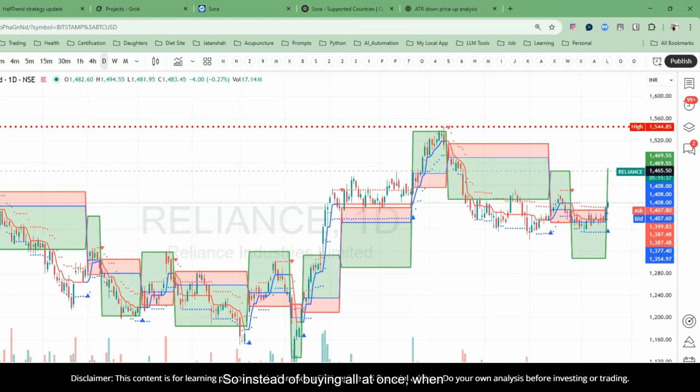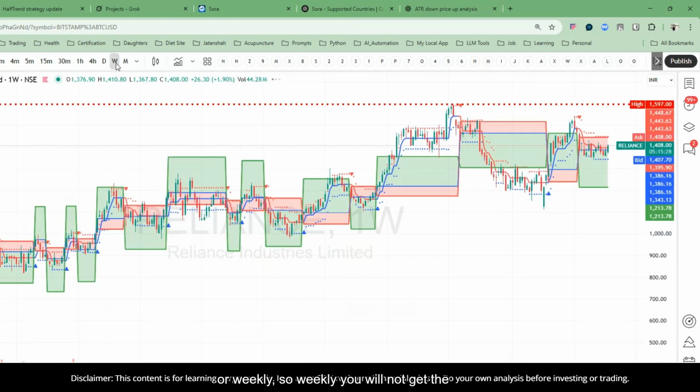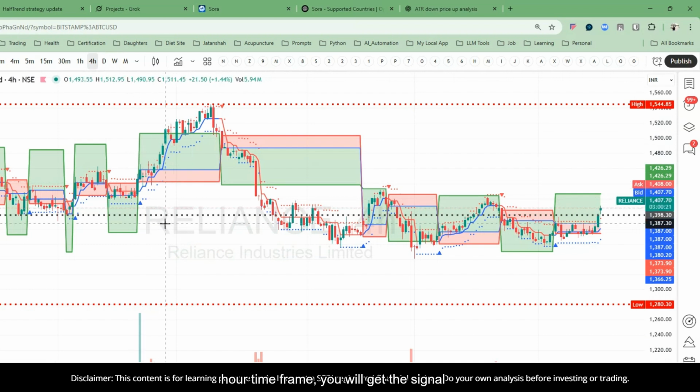So instead of buying all at once, you buy whenever there is a signal, on the daily time frame or weekly. Weekly you will not get the signal often, but on the daily or 4 hour time frame you will get the signal frequently, in a week at least once or twice. So if you are trying to do investing like that, or even daily or weekly also, according to your plan, you can see the signal and then you can buy.